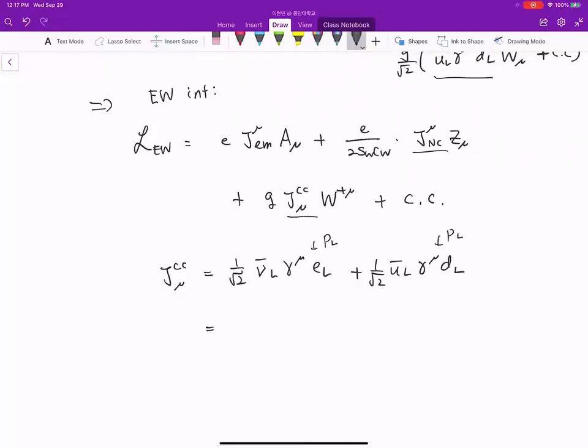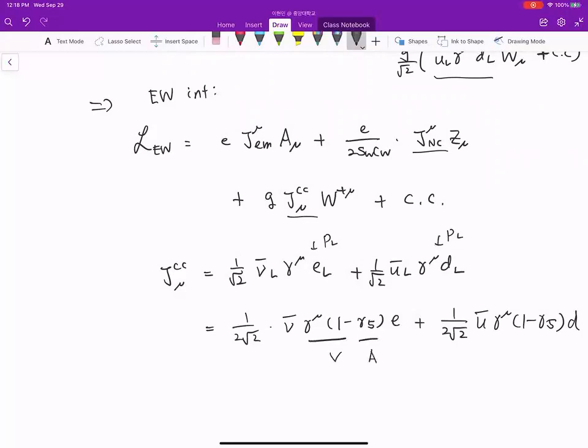Also this P_L. Because this is a V, the vector, and this is an axial vector.